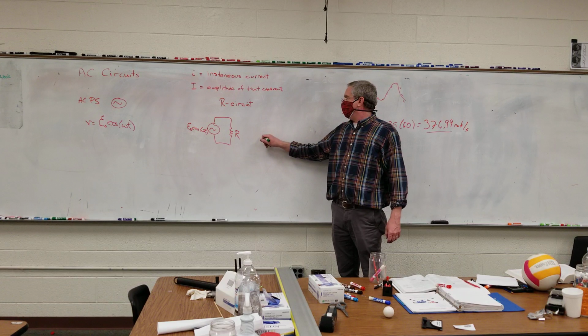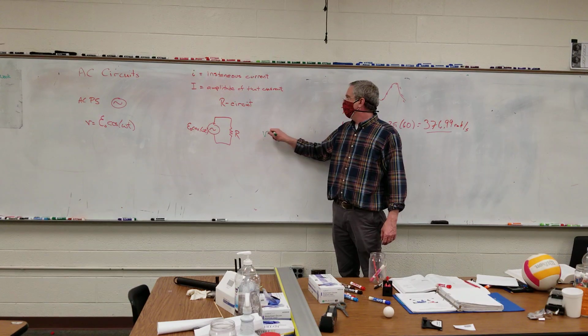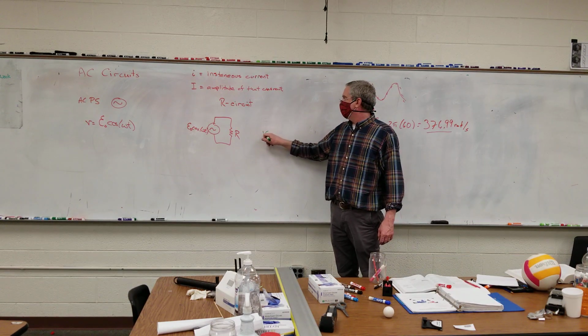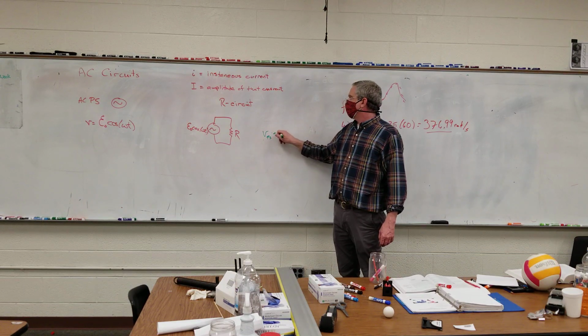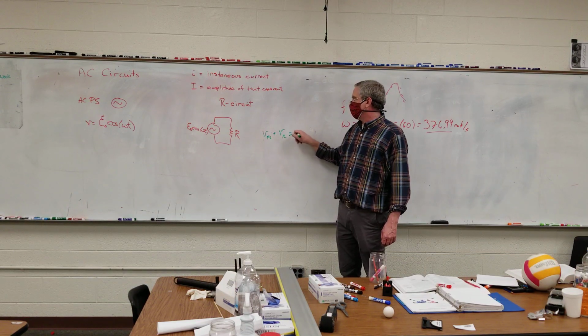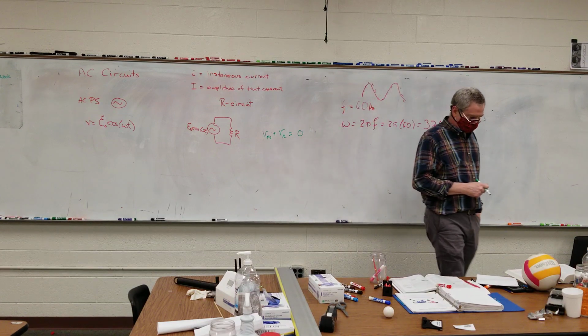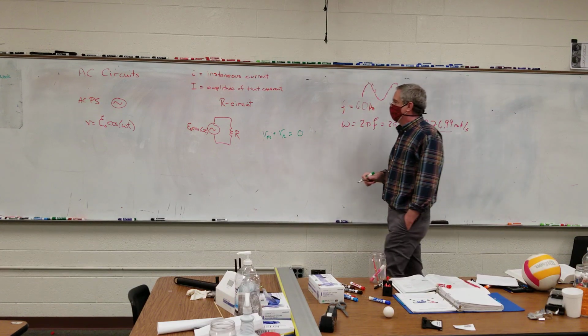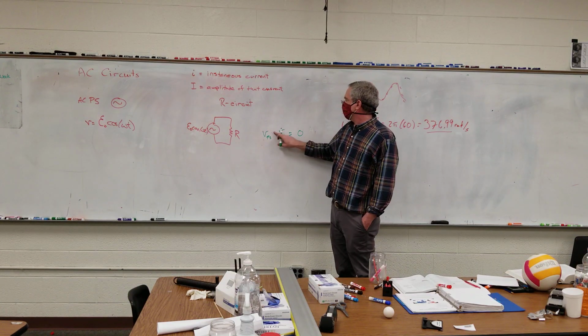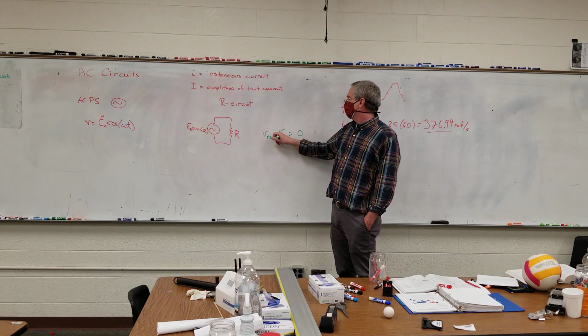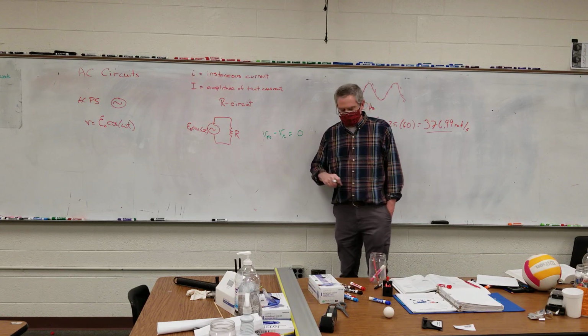I know that the voltage gain across the power supply plus the voltage gain across the resistor is equal to 0. And so this becomes, actually, I do want to make that negative.